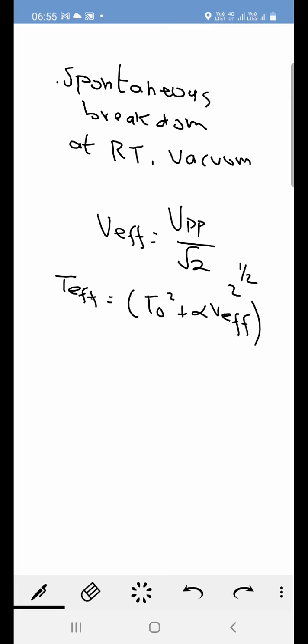Where alpha is a constant, and its value is 280 K square by V square.